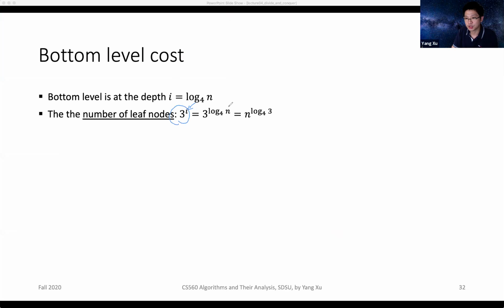So we get 3 to the power of logarithm base 4 of n, and we switch the 3 and n. The total number of leaf nodes at the bottom of the tree is n to the power of logarithm base 4 of 3.